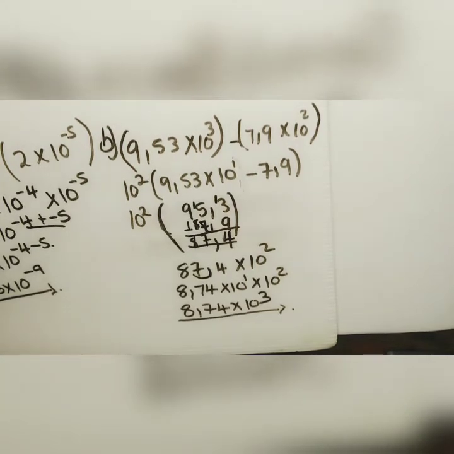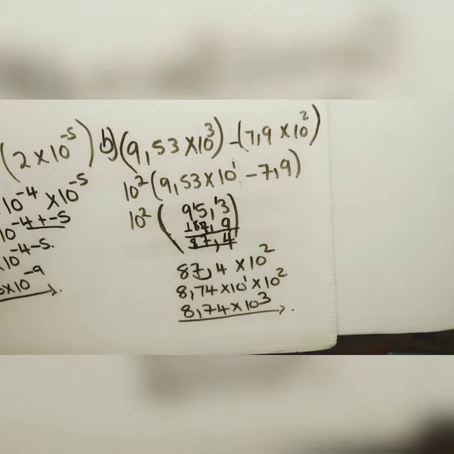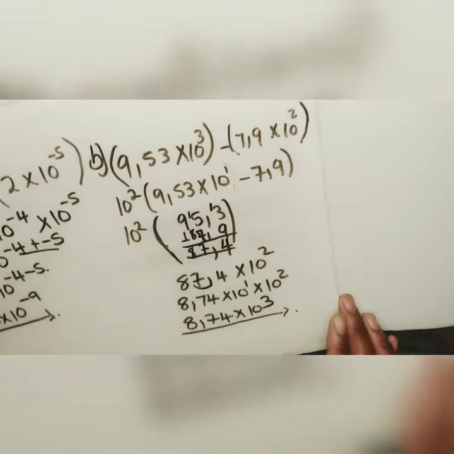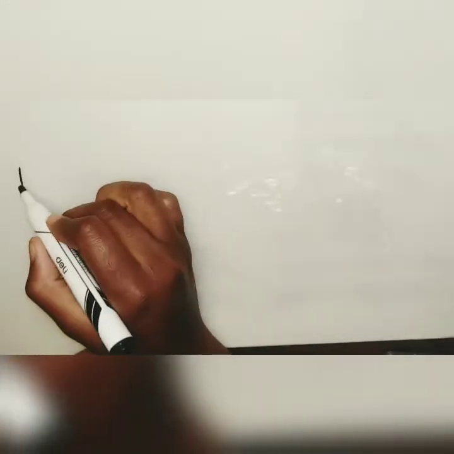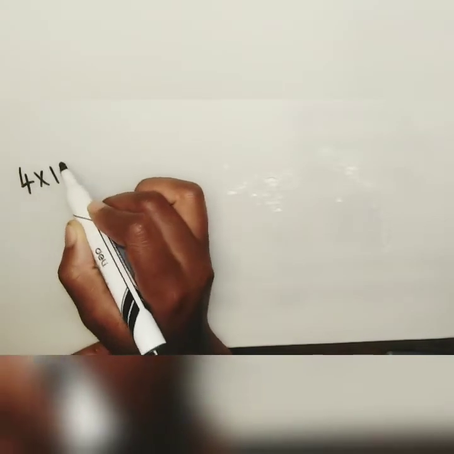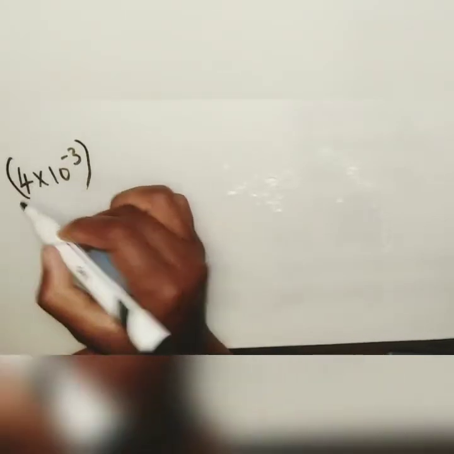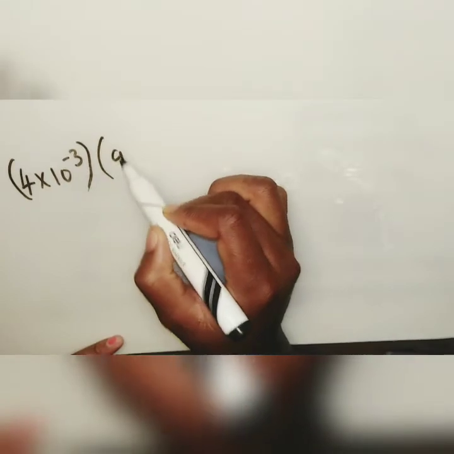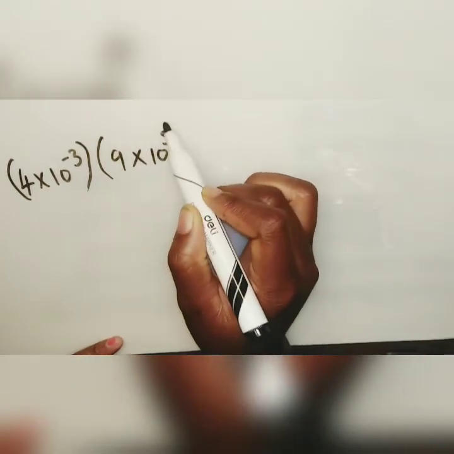Okay. So moving on to part C, which says we need to find, okay. So part C of the question, we have 4 times 10 to the power negative 3 times 9 times 10 to the power 5.